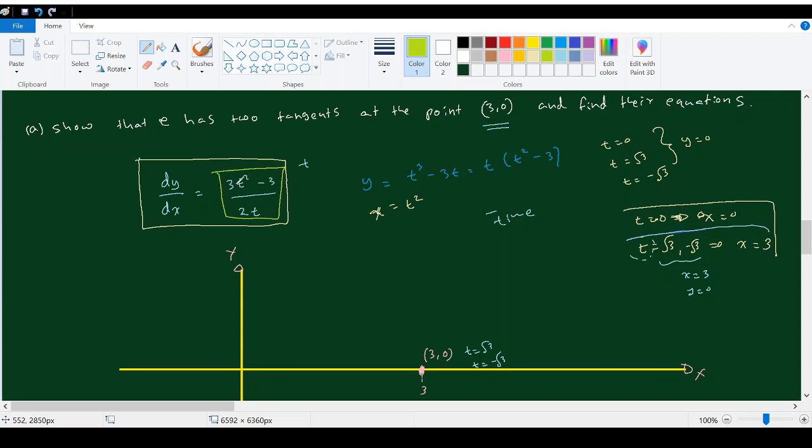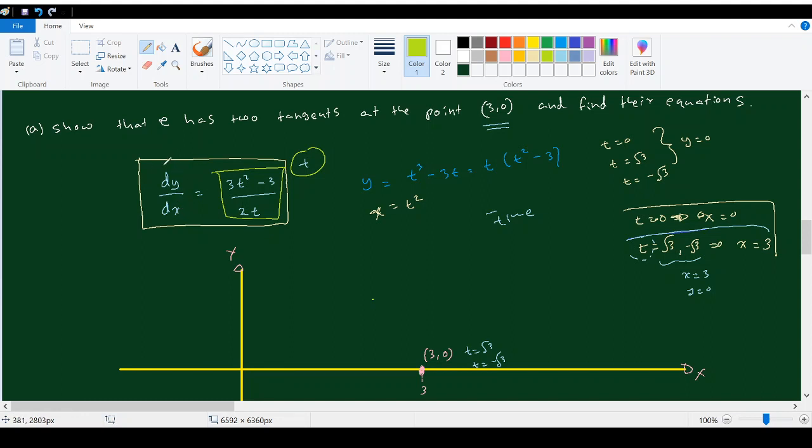In other words, at a certain point, if we know the corresponding t values, we can compute the slope at that particular point.